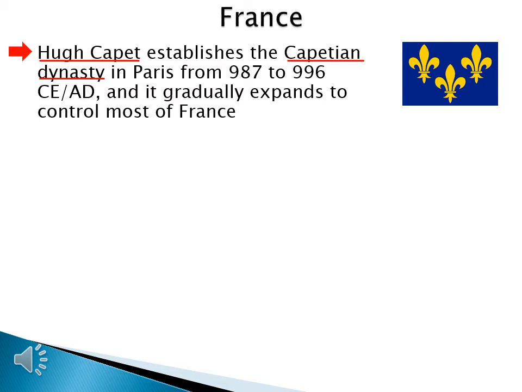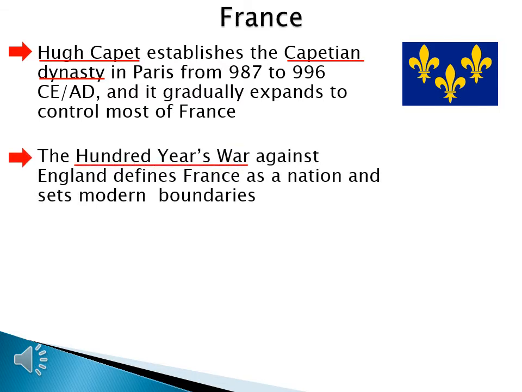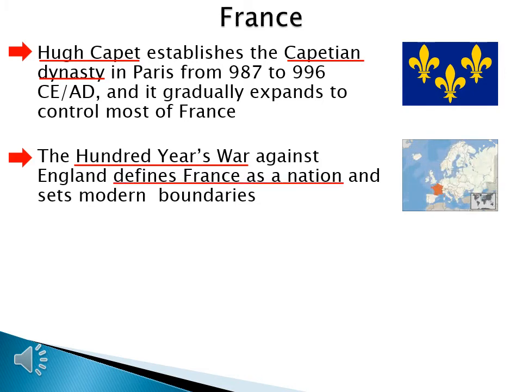But it's the Capetian dynasty that sets down the foundation for modern day France. And the 100 Years' War against England defines France as a nation and sets modern boundaries. France looks like it does today because of this war.